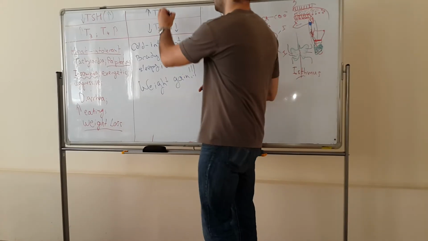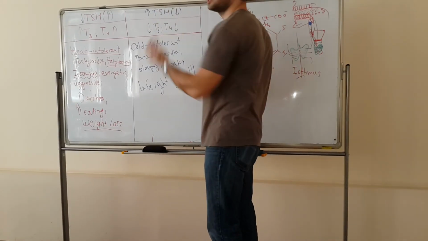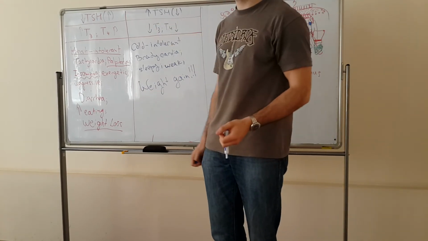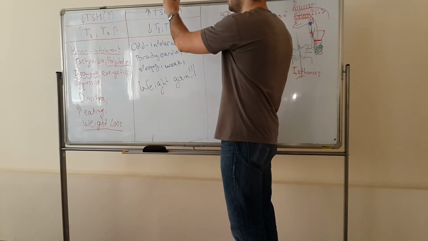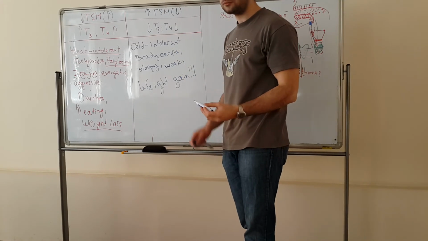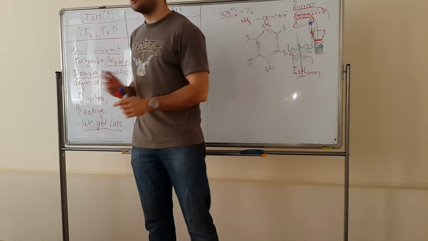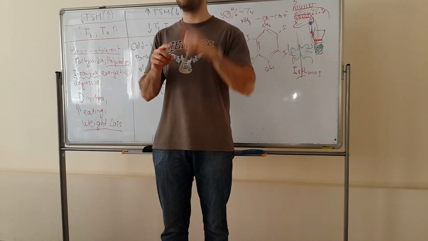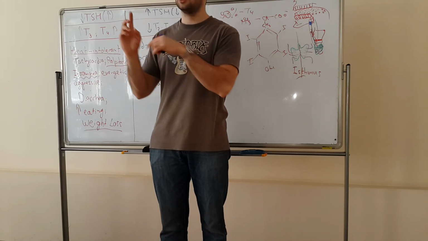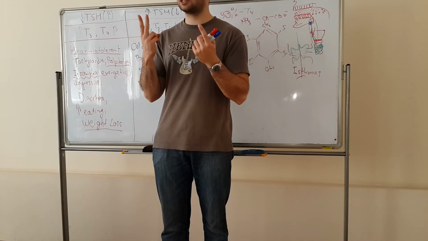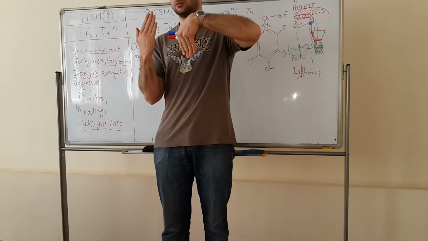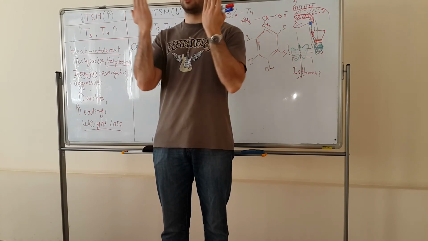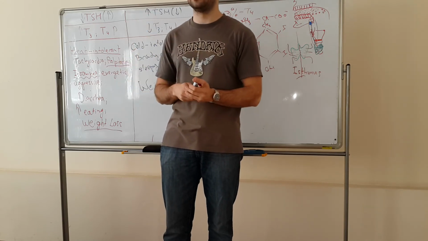But if it's because of the pituitary and it doesn't produce TSH at all, the thyroid cannot do anything, so it doesn't produce the hormones. So in easy words, if both are high or both are low, it's because of the pituitary. If one is high, the other is low, and vice versa, so if the two glands become inversely proportional to each other, then it's because of the thyroid. If both of them are either high or low, it's because of the pituitary.